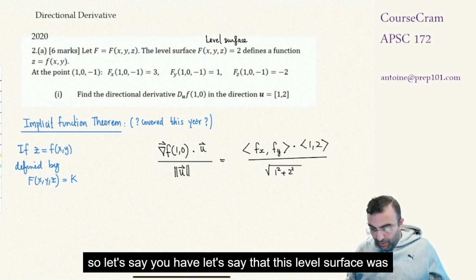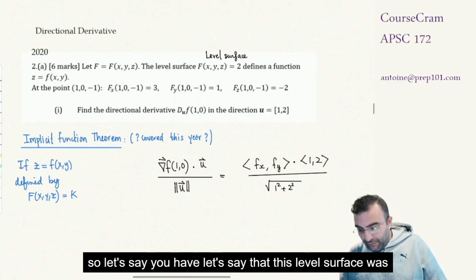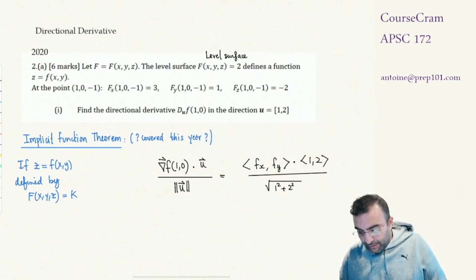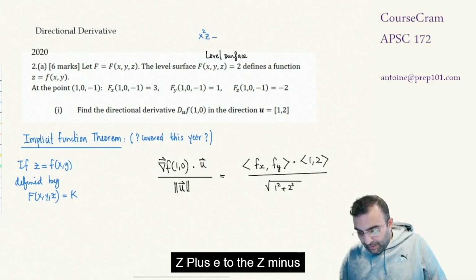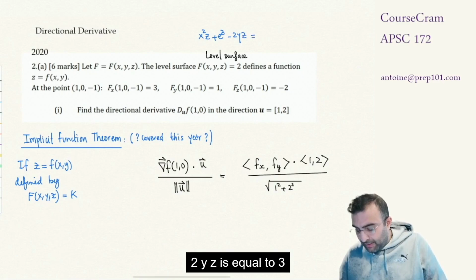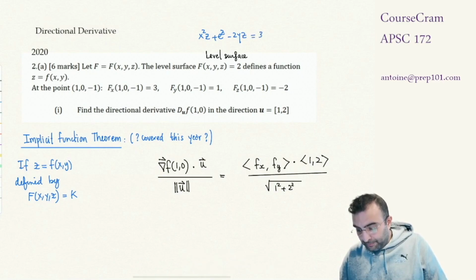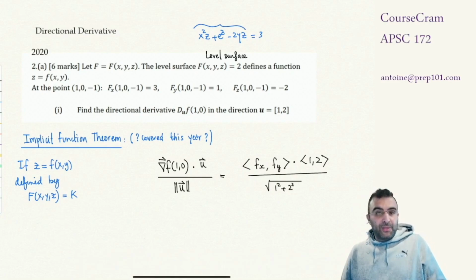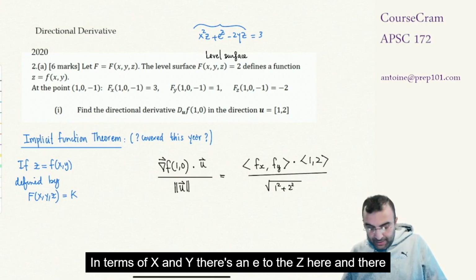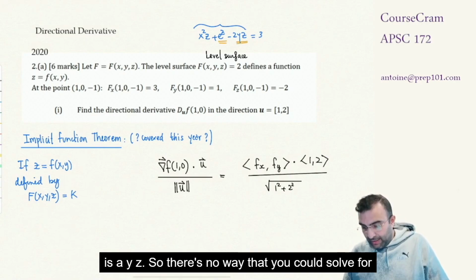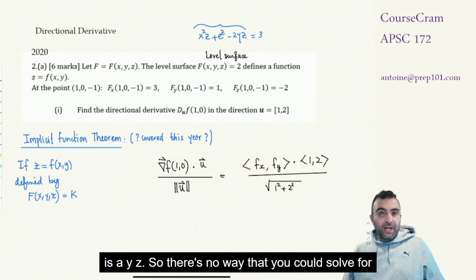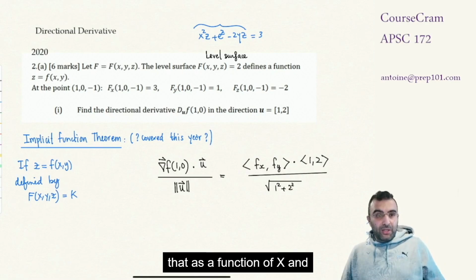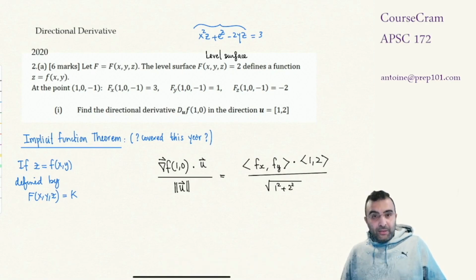So let's say that this level surface was x squared z plus e to the z minus 2yz is equal to 3. Right? There's no way that you could solve for z in terms of x and y. There's an e to the z here, and there's a yz here. So there's no way that you could solve for z as a function of x and y.